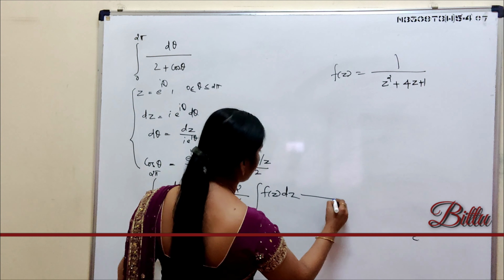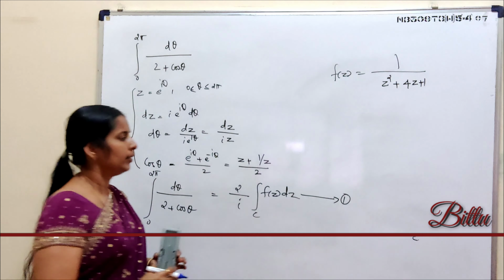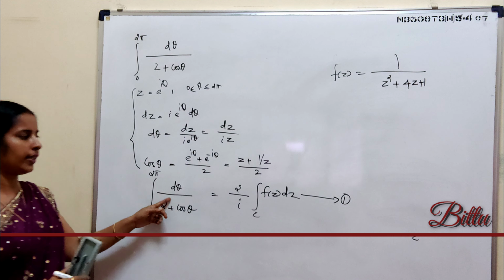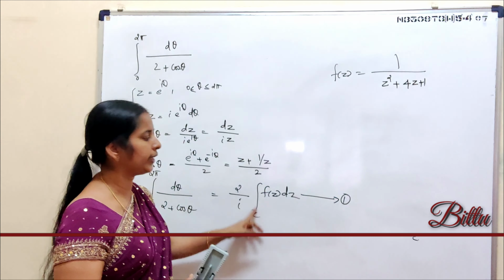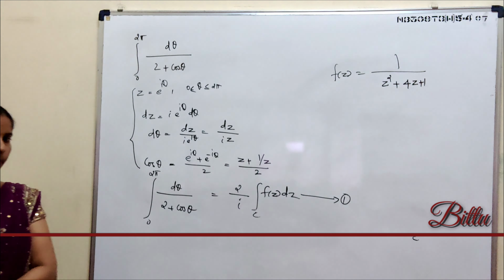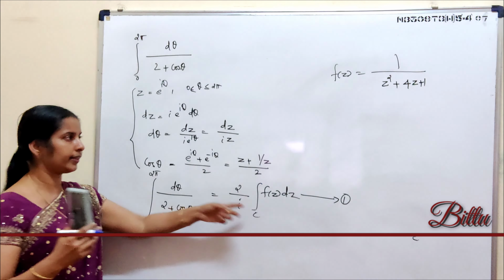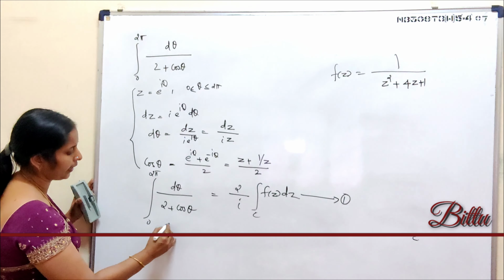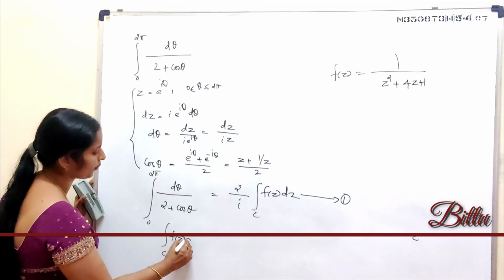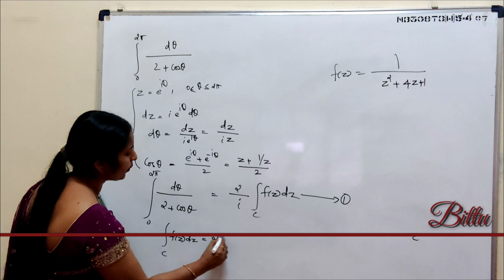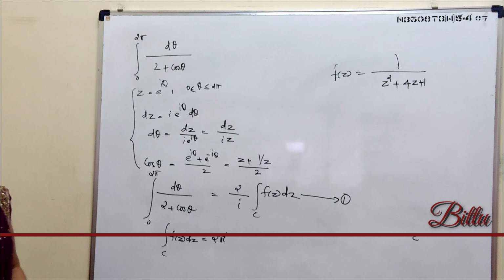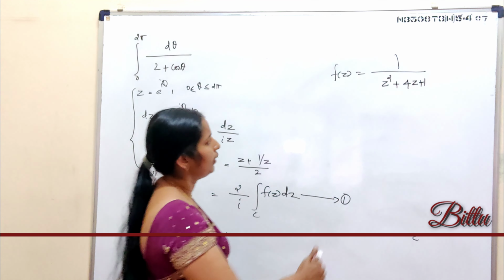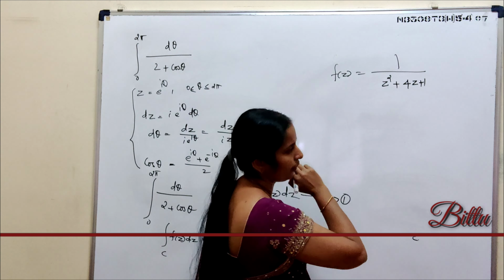See, the given question now reduces to this integral. So for getting the answer of the given question, you have to evaluate integral over c f z dz by residue theorem. By residue theorem, its answer is integral over c f z dz is 2 pi i into sum of residues of f within c. So we have to find the singularities of f. Singularities of f are given by z square plus 4z plus 1 equal to 0.